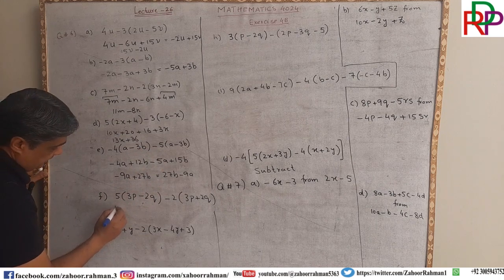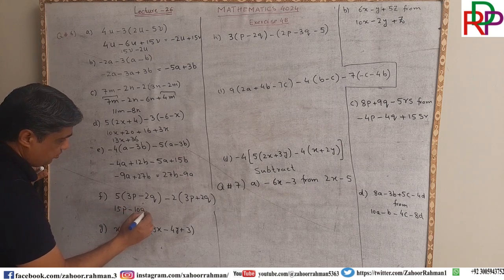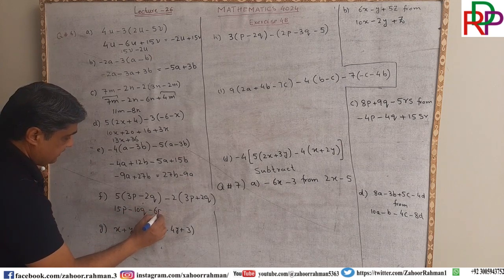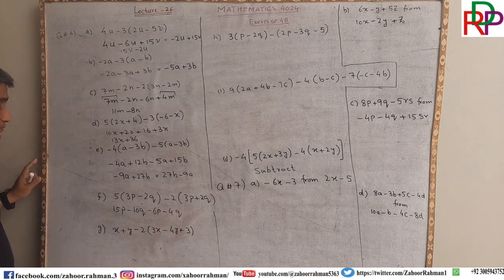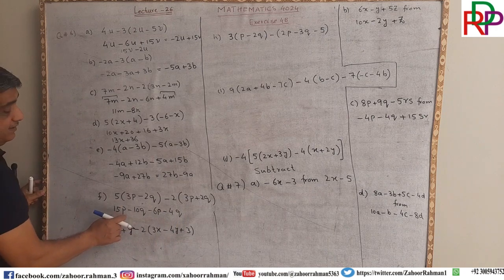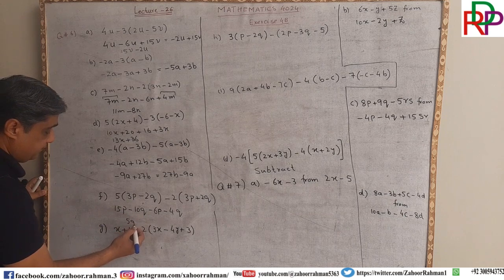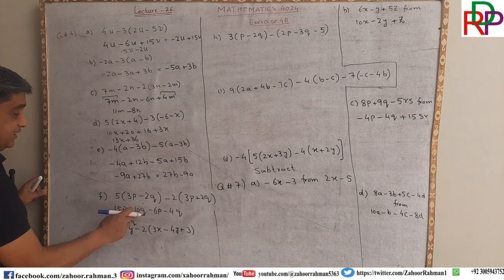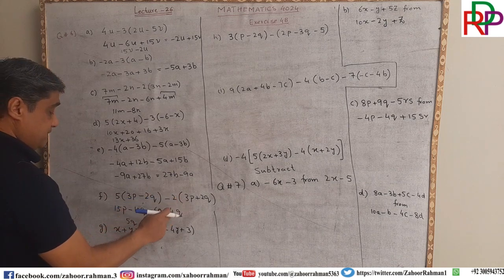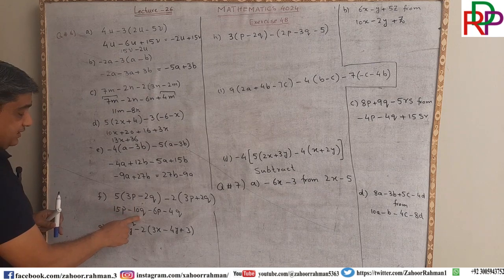Okay, 15p minus 10q minus 6p minus 4q. When we process the q portion, this is 15p minus 10q minus 6p and q. 10q and p.